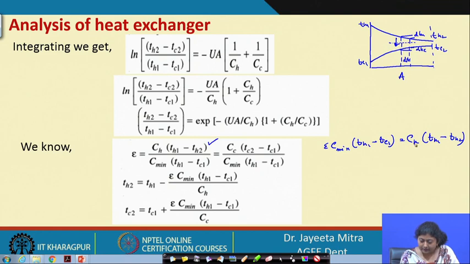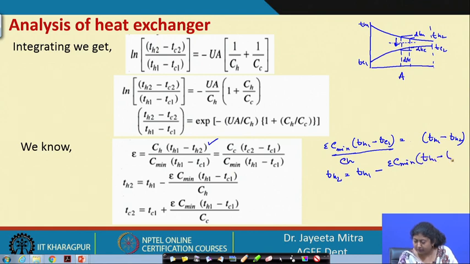So, I can take Ch to this side, and we can also write that Th2 is equal to Th1 minus epsilon C minimum Th1 minus Tc1 divided by Ch.